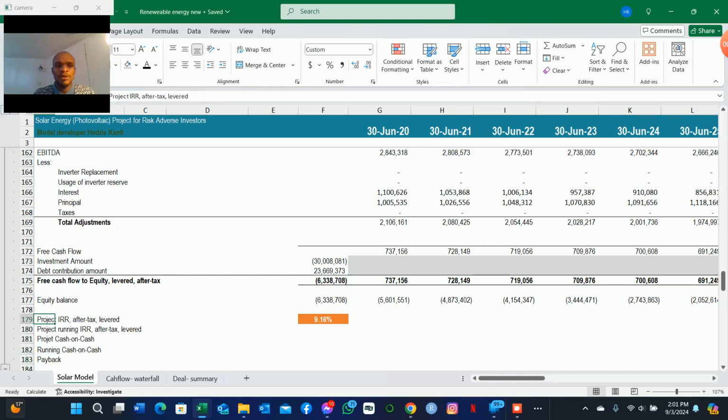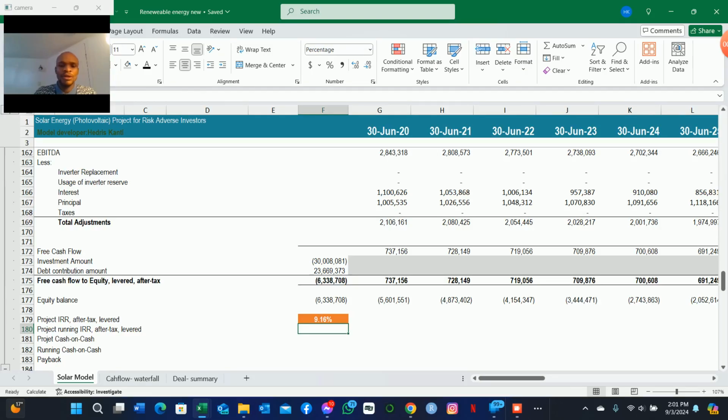As we can see, we have a project internal rate of returns of approximately 9.16%. Going forward, we can now determine the project rate of return for each year.